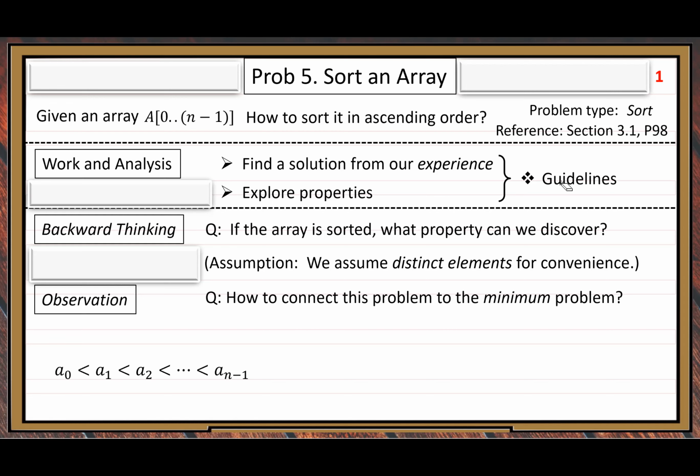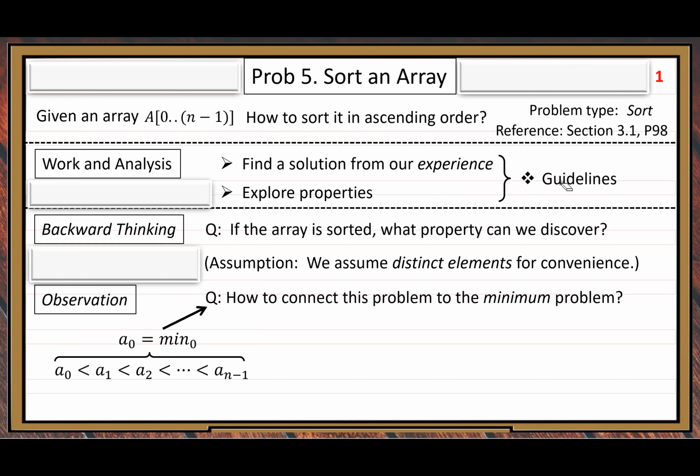But I will expand your description as a whole story. So don't worry, because it's a big story here. Now, the observation here is very important. Based on your understanding, you make that critical observation: A0 is the minimum of the whole array.